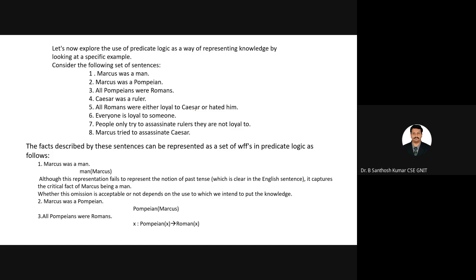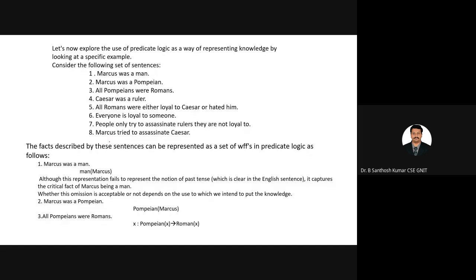Then the last statement says that Marcus tried to assassinate Caesar because he is also willing to be a ruler. But even though Caesar was the ruler, it is not compulsory that Marcus should be loyal to Caesar.